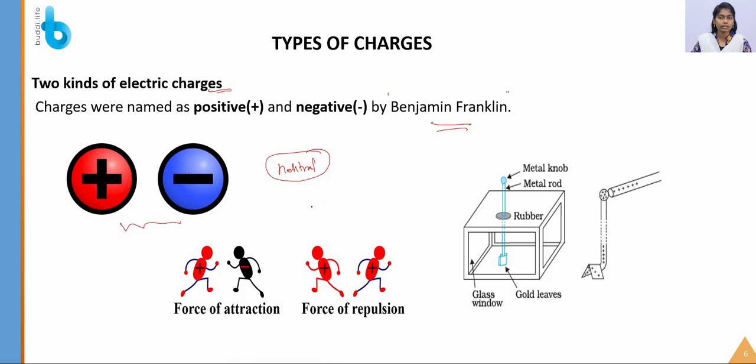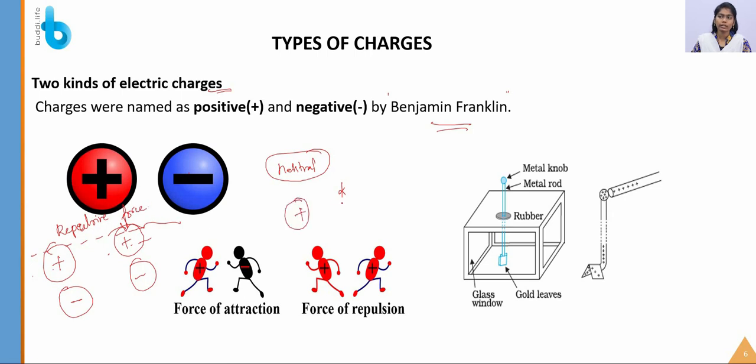Okay, so let's see the properties of charges. The main property is attraction and repulsion. What happens when two similar charges, like positive and positive or negative and negative, are kept under a field? They experience a repulsive force.